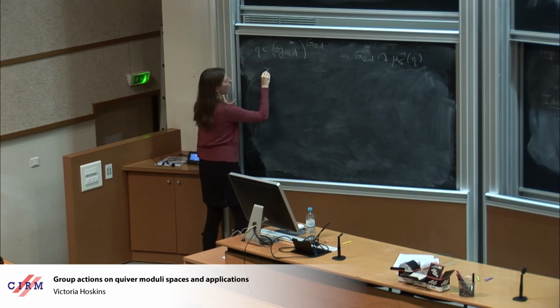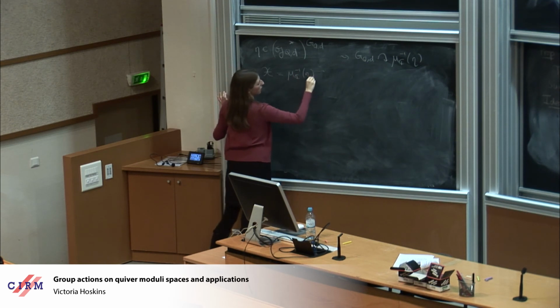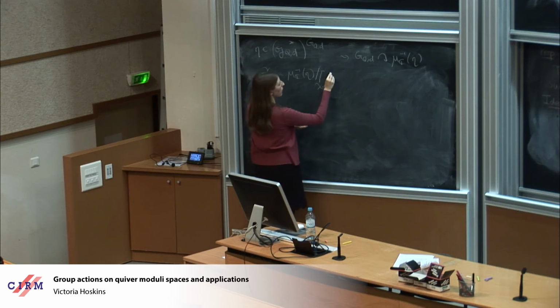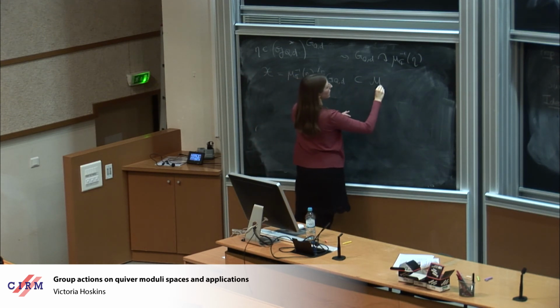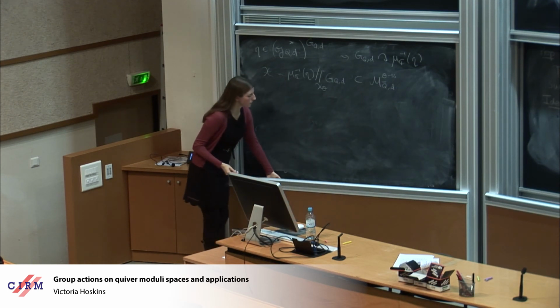Let me call this X. And again, we can use some character of our group to take this GIT quotient. So this is naturally sitting inside the moduli space of semi-stable representations for the double quiver.